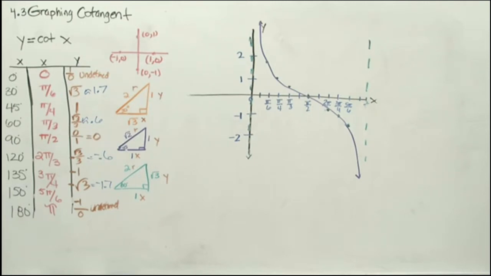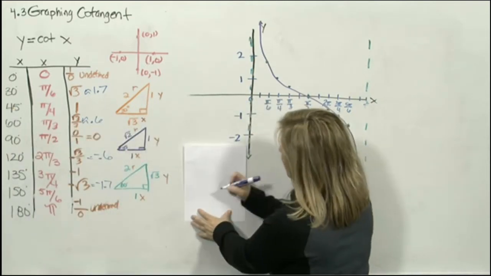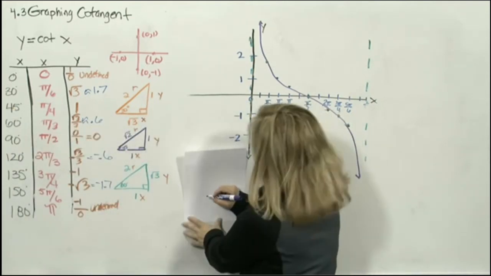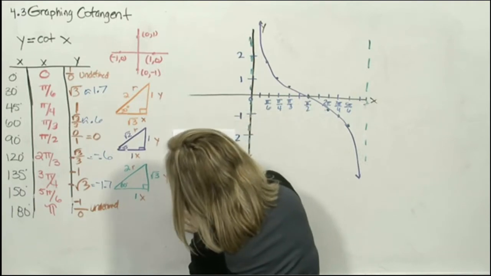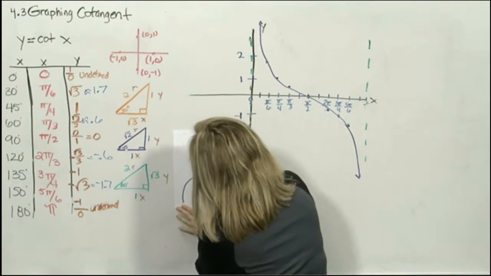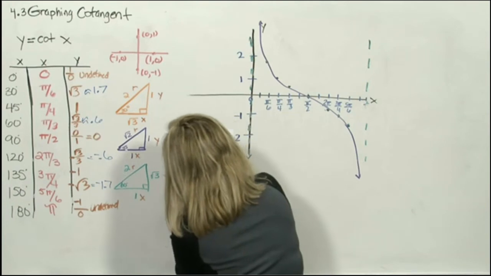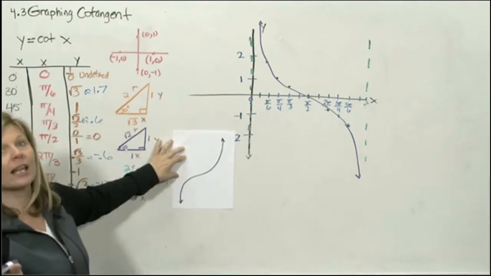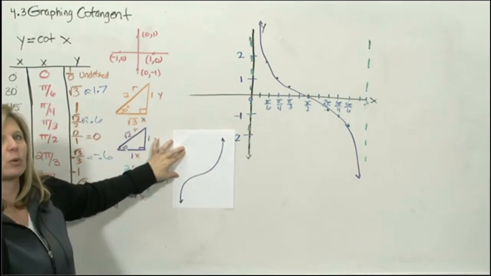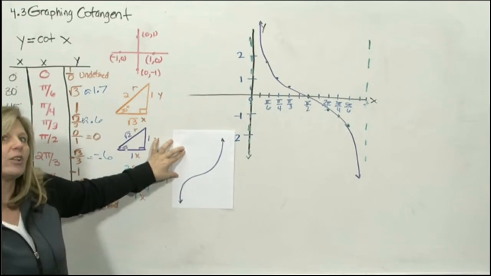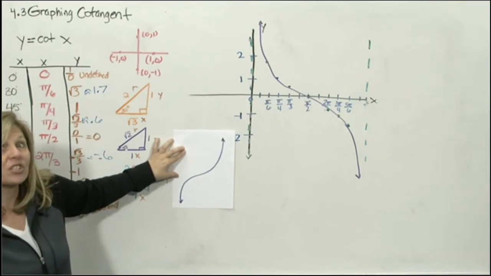Okay, watch this, guys. This is really cool. On this piece of paper from the previous video, I draw a tangent curve that comes from the bottom and waves itself up. What is the relationship since the beginning of this semester between tangent and cotangent? They're what to each other? They are reciprocals.